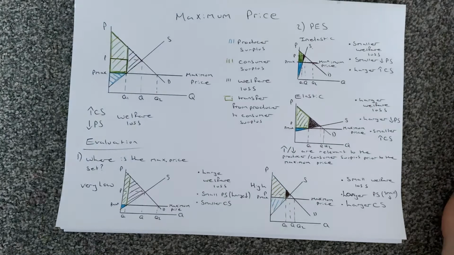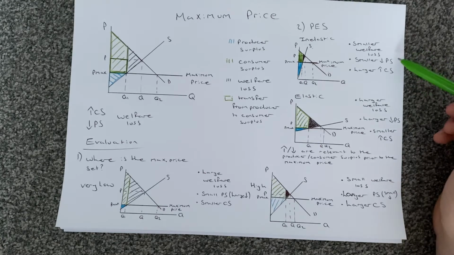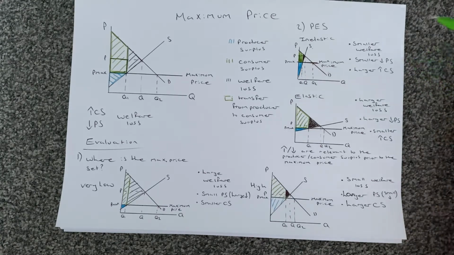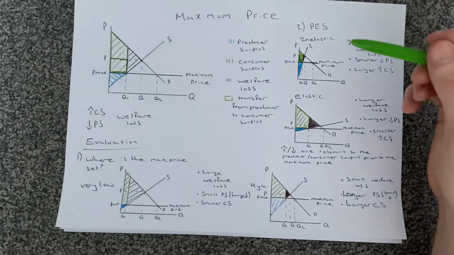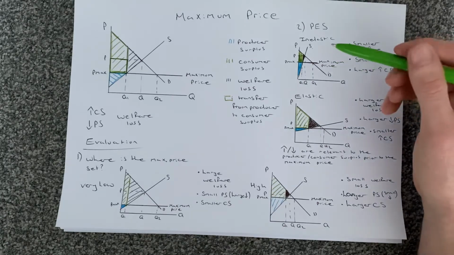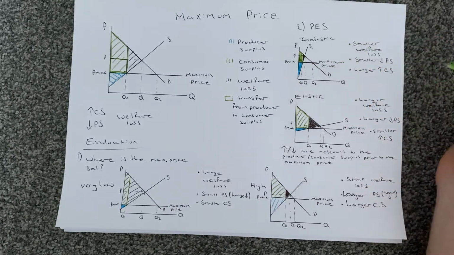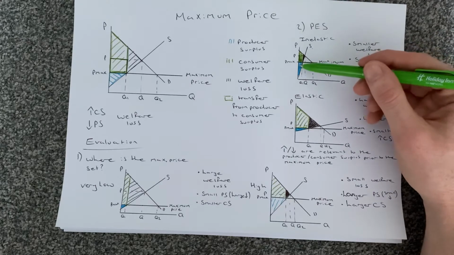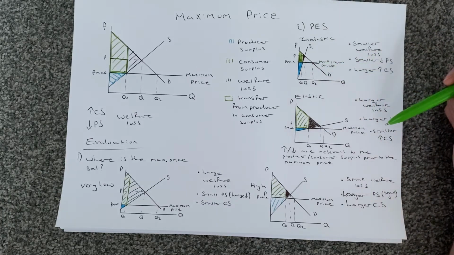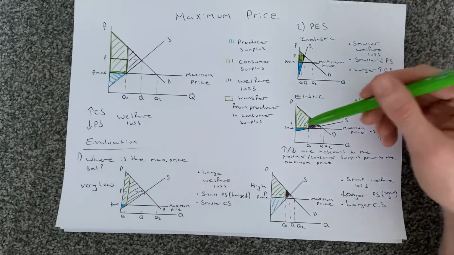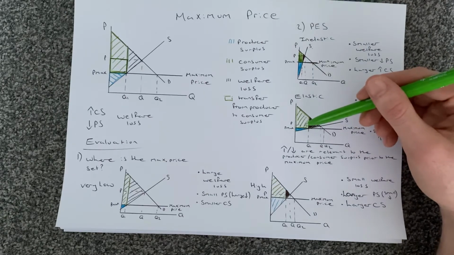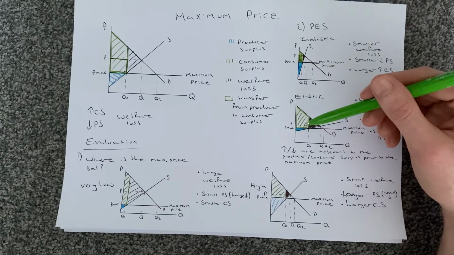And then finally, when we look at the producer surplus, we see a smaller decrease in the producer surplus here, whereas here we see a larger decrease in producer surplus, and that's relative to the original.